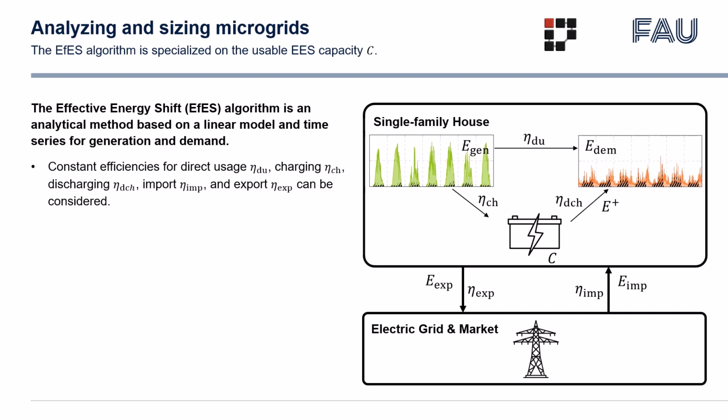Additionally, it can take into account constant coefficients for efficiencies. In this case, du is for the direct usage from generation to demand. Ch stands for charging, so eta Ch is the charging efficiency of our storage system. And dCh obviously stands for discharging.